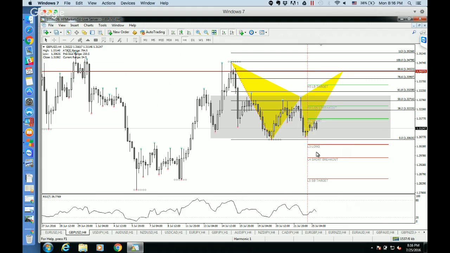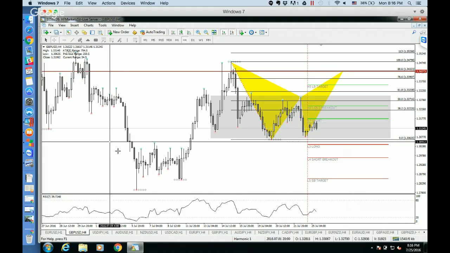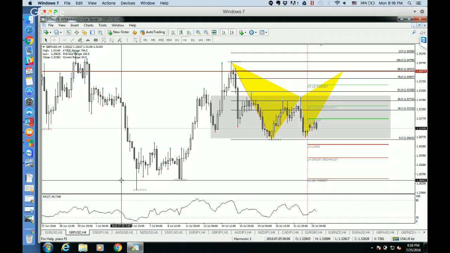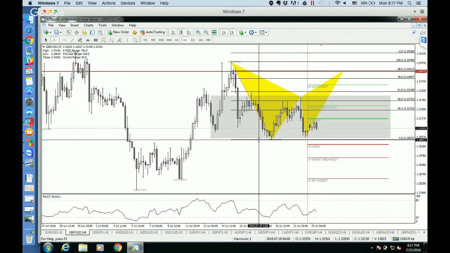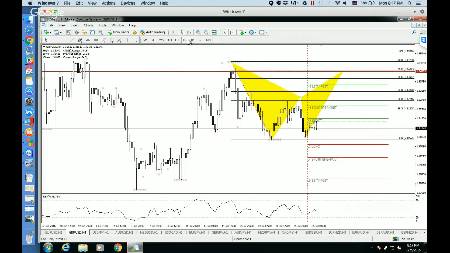If it breaks below this, there's a high chance it can reach at least the previous low over here at 1.2845. So for traders who want to trade the breakout, look out for this level at 1.306. But we don't actively trade the breakout unless there's a very strong news catalyst. Then we only trade it. So usually we don't trade those breakouts.